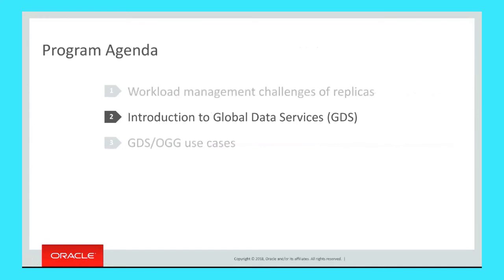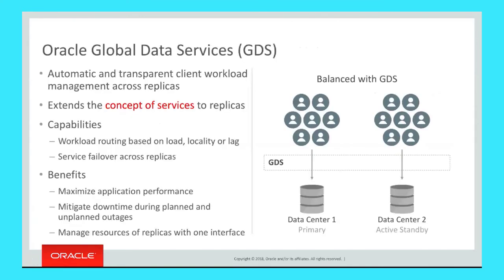Now, as part of Oracle Database 12.1, we have introduced a new feature called Oracle Global Data Services. It's a vehicle with which you can seamlessly and automatically manage your client workload across replicated databases.